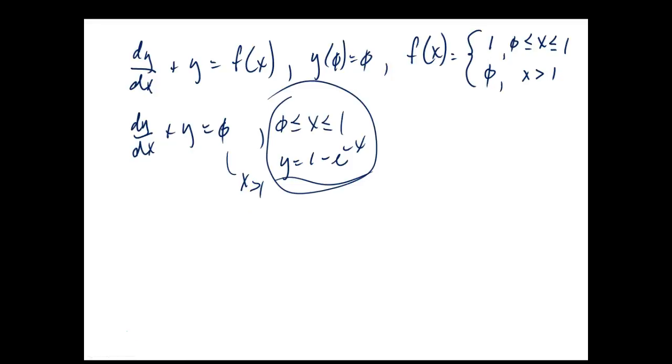Okay? So how would you proceed here? Basically, same way, subtract y from both sides, and you get dy dx is equal to minus y. Divide both sides by minus y, and write it in differential form.